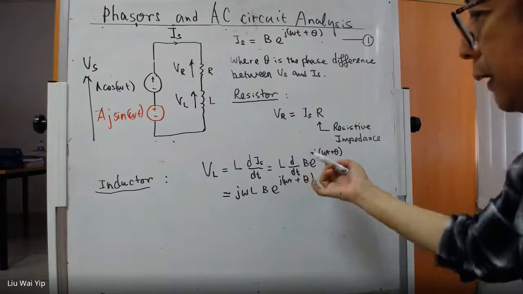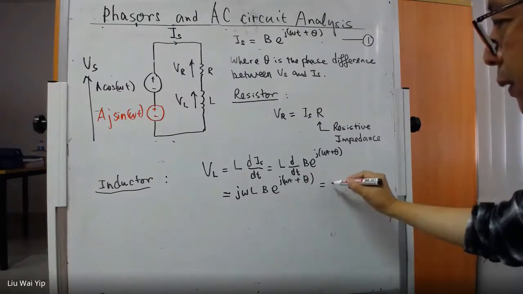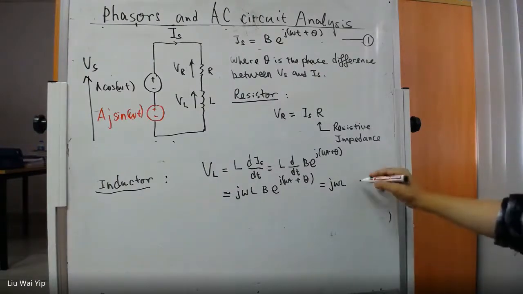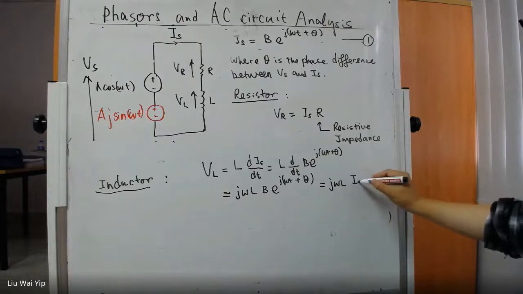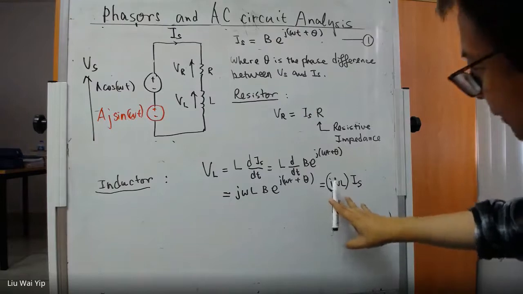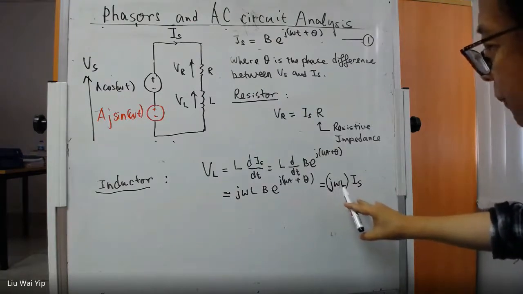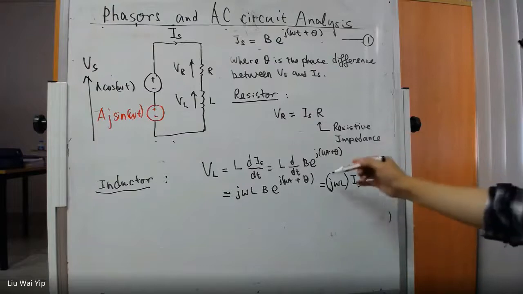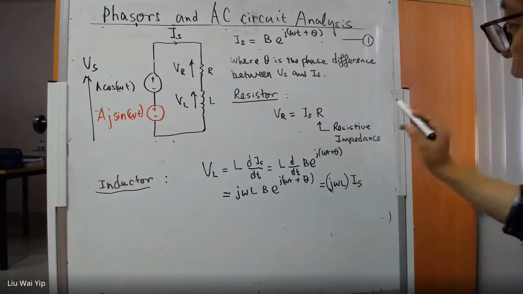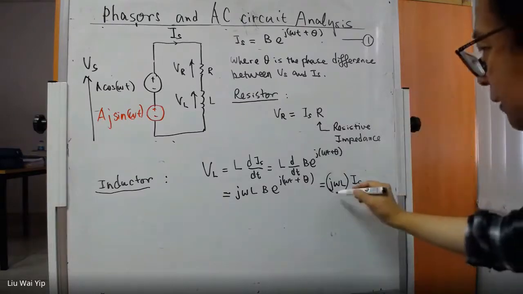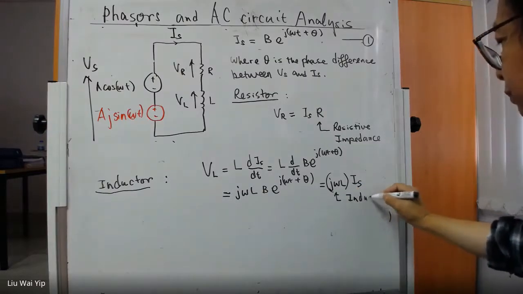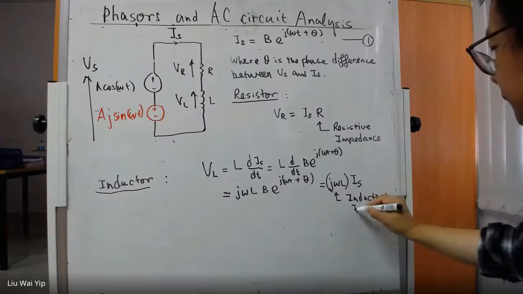So this is going to be j omega L times Is. Let's call this bracket term the inductive impedance.